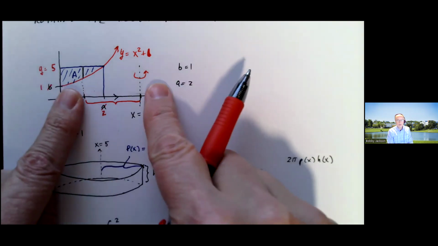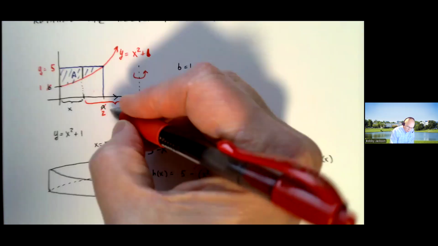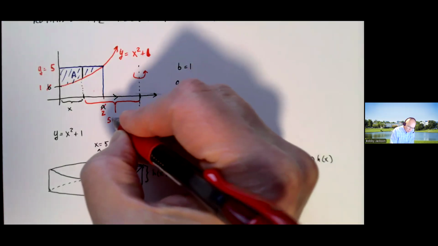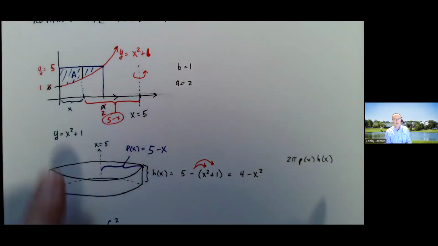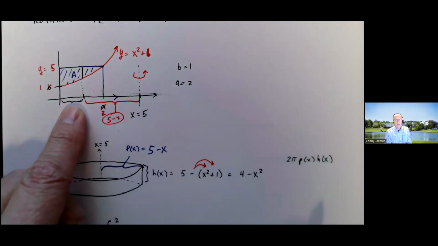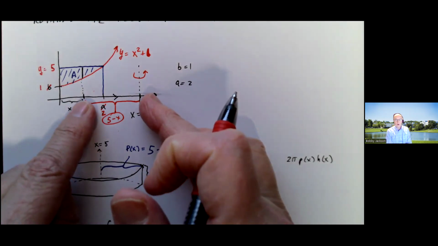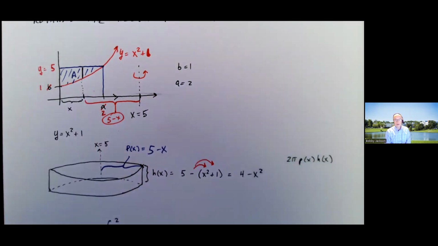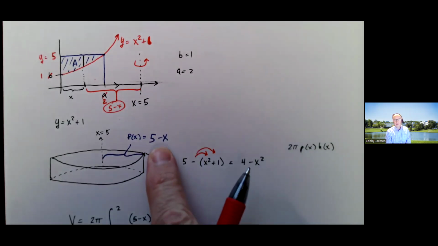So what's this distance? Well, if this is 5 and this is x, this is what's left over. So this is 5 minus x. If x is equal to 1, then what's the distance? 5 minus 1 is 4. It's 4 units till we get to the axis of rotation. So that's what that radius is, 5 minus x.